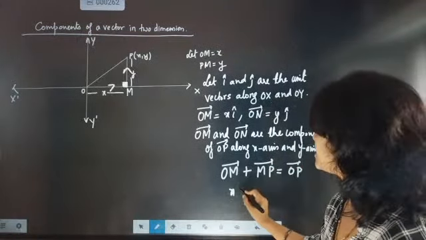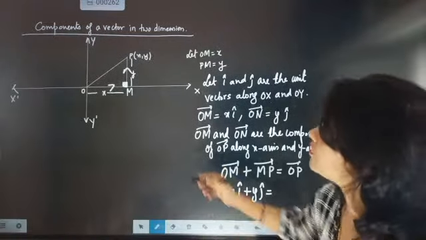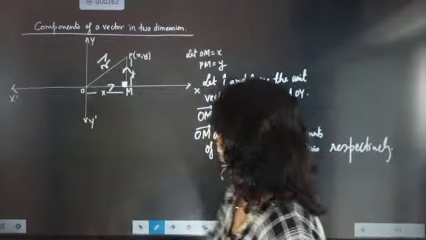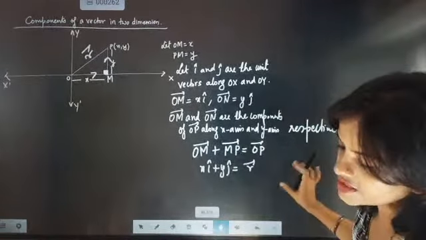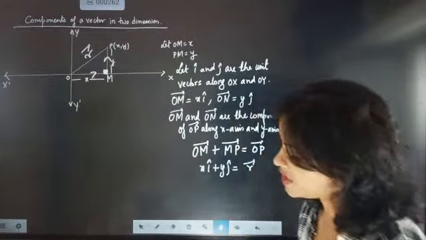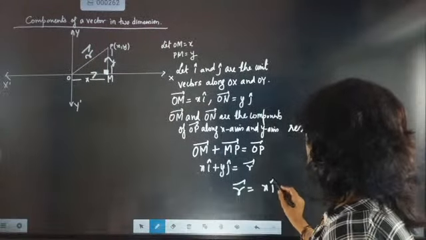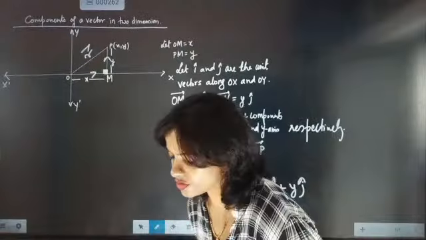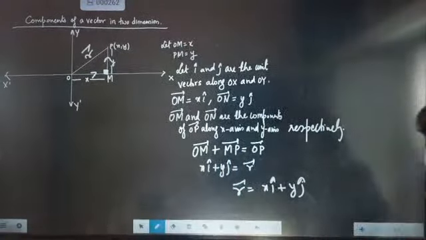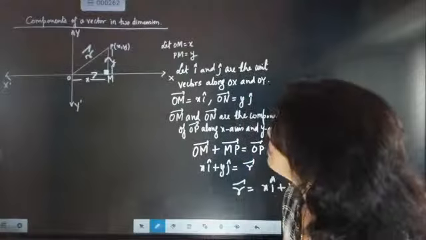That means X i cap plus Y j cap is equal to, if the OP vector is taken as the resultant R, the R vector. So we have come to the conclusion that R vector is equal to Xi plus Yj. These are the components of a vector in two dimensions.